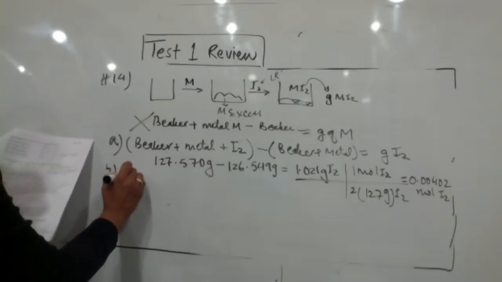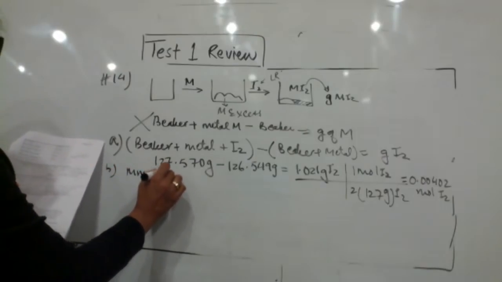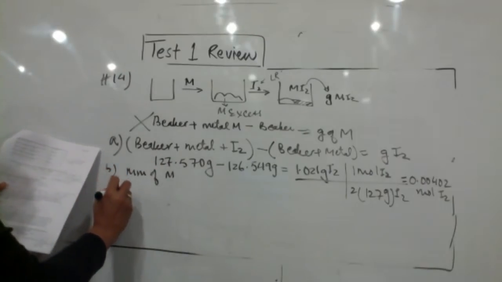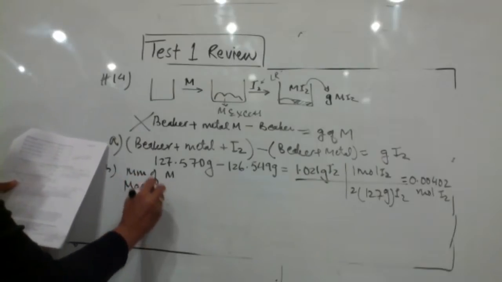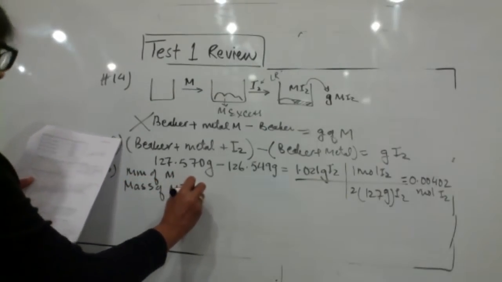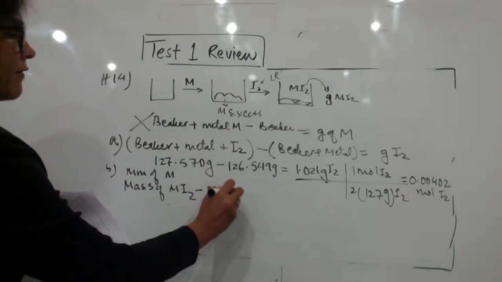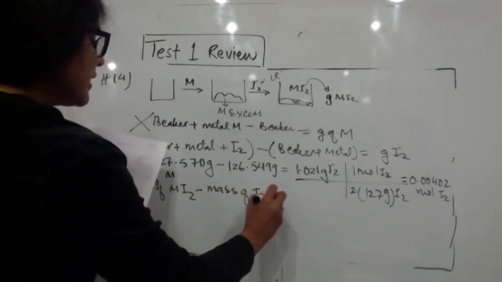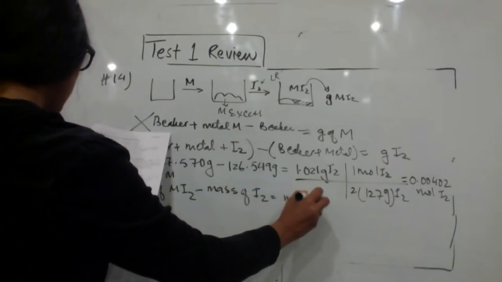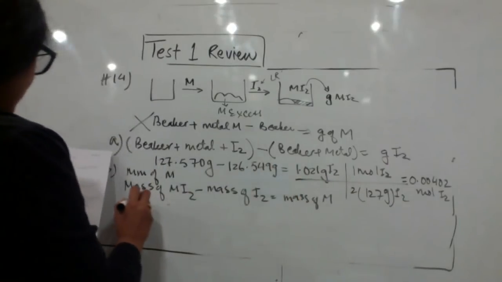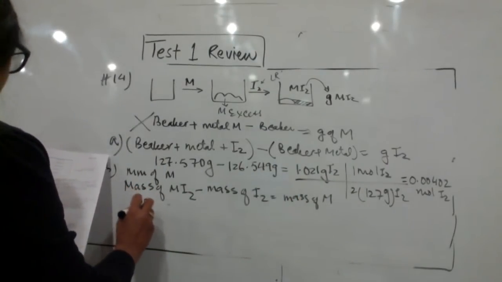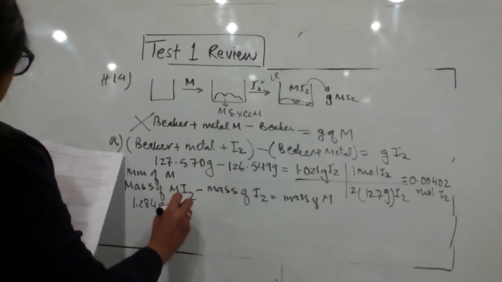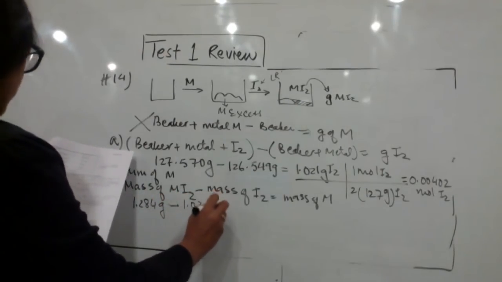Now we need to figure out the molar mass of metal M. If we take the mass of MI2 and subtract the mass of I2 from there, then we get the mass of M. So the mass of MI2 is 1.284 grams minus 1.021 grams of I2.